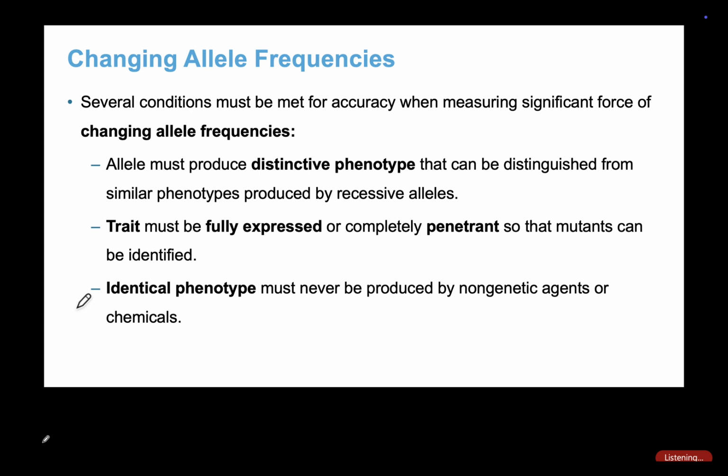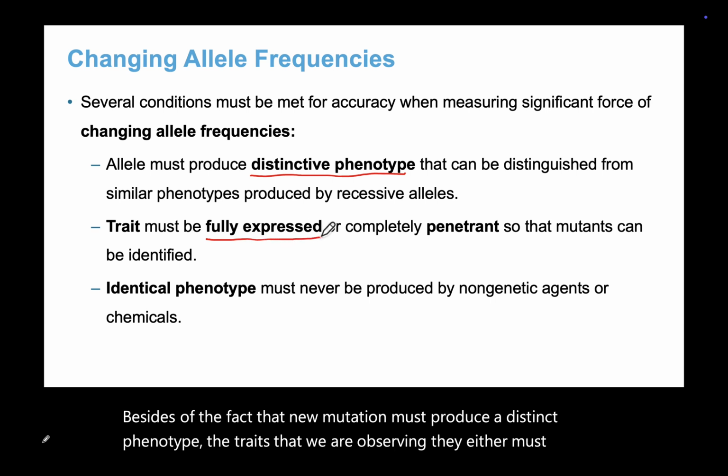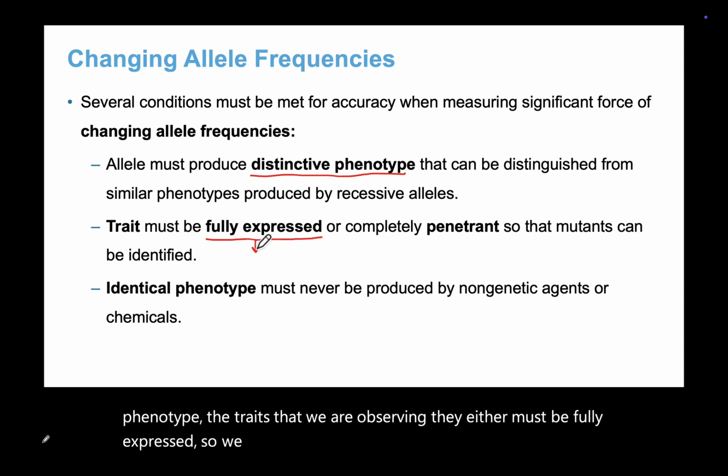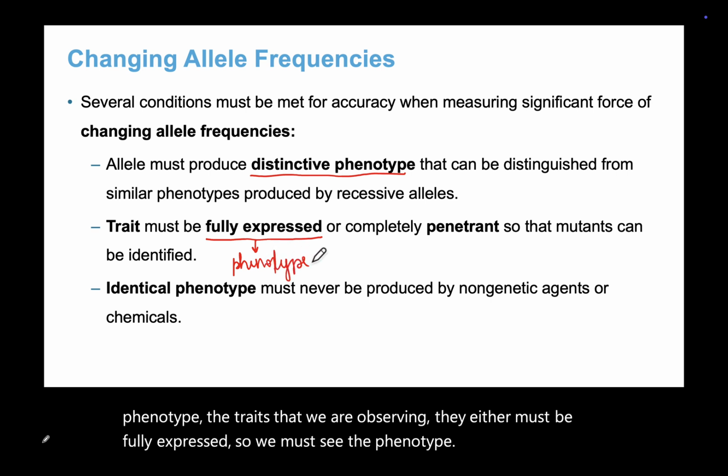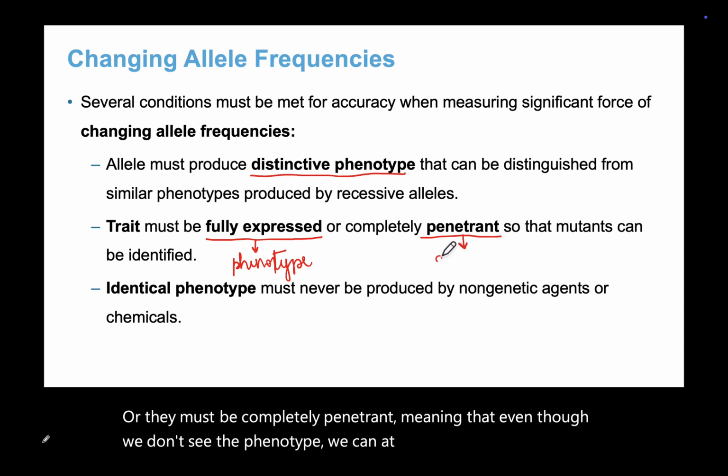Besides the fact that a new mutation must produce a distinct phenotype, the traits that we are observing must either be fully expressed, so we must see the phenotype, or they must be completely penetrant, meaning that even though we don't see the phenotype, we can at least detect it in the genotype.